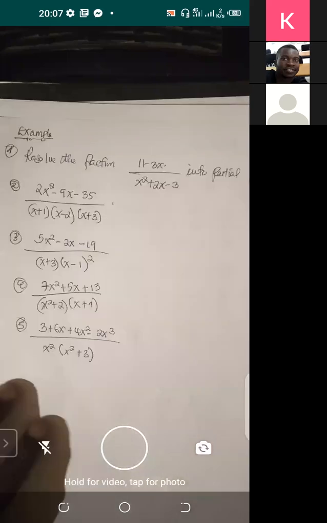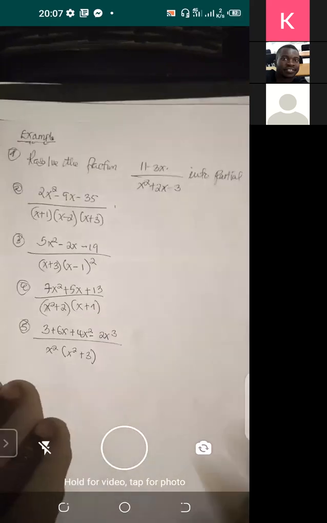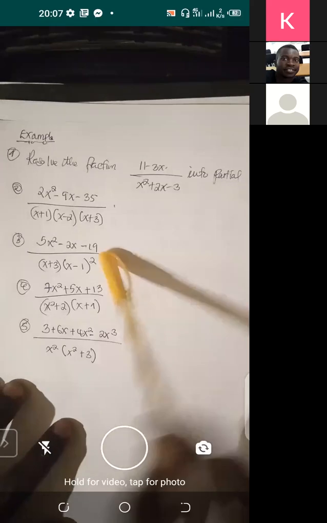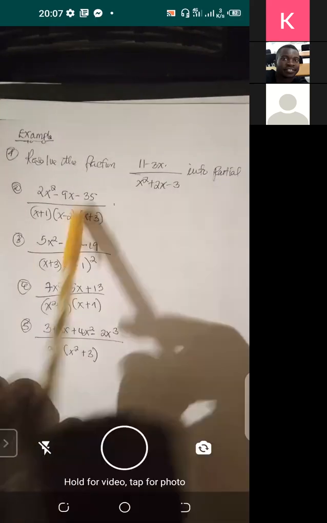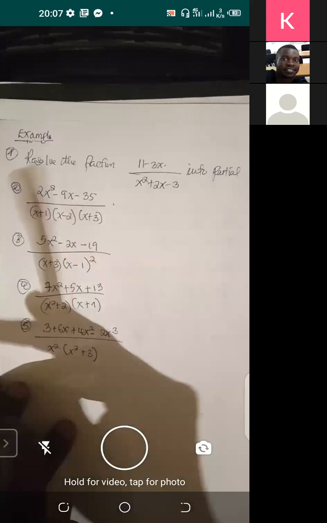So we have some examples here that I want us to look at. We're going to see how to express this fraction into partial fractions. Example: resolve the fraction 11 minus 3x over x squared plus 2x minus 3 into partial fractions.